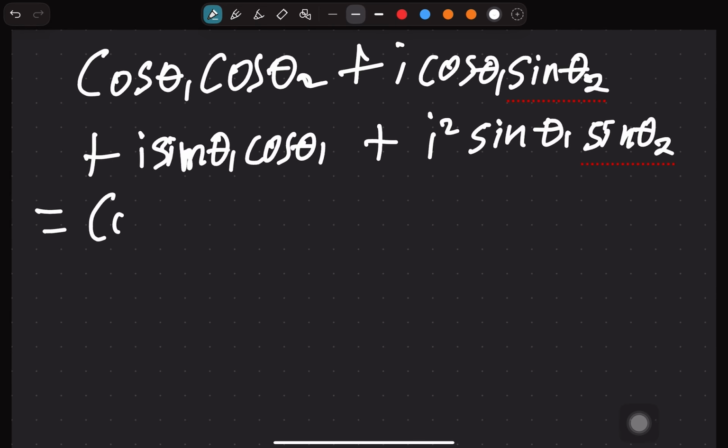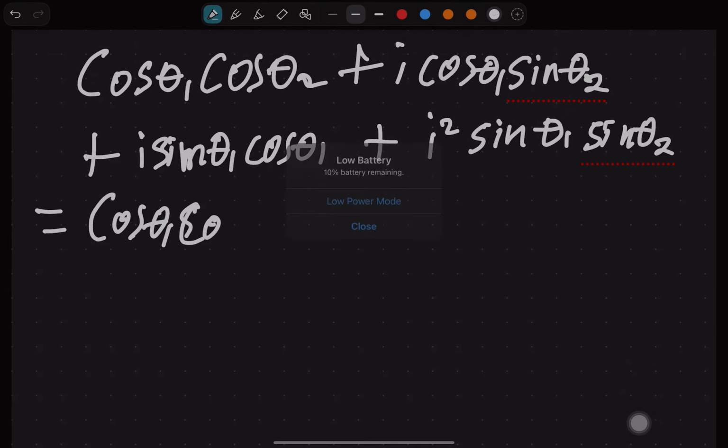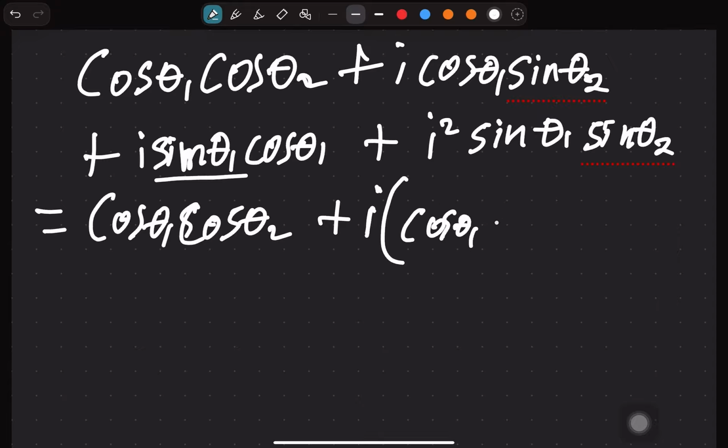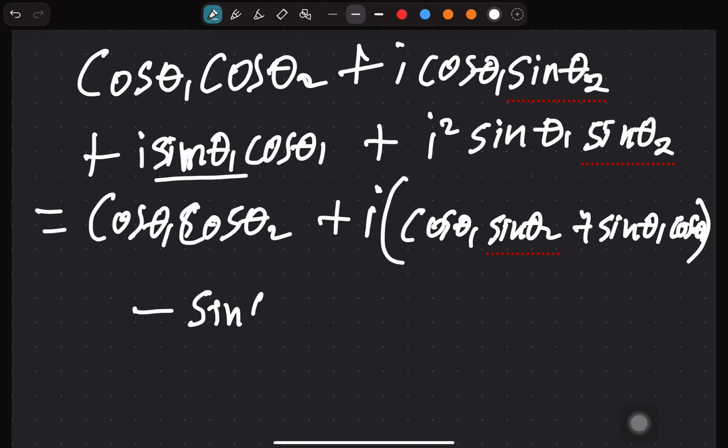So when we do this, we get cos of theta 1 cos of theta 2 plus these two, so I multiplying the bracket cos theta 1 sin theta 2 plus sin theta 1 cos theta 2, then minus sin theta 1 sin theta 2.